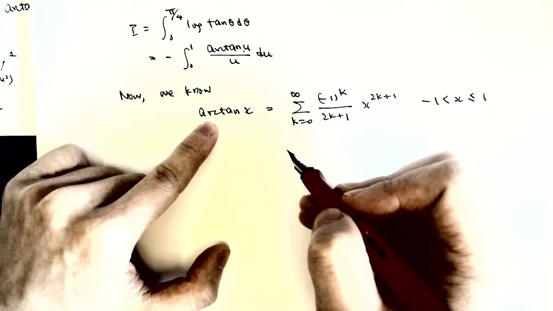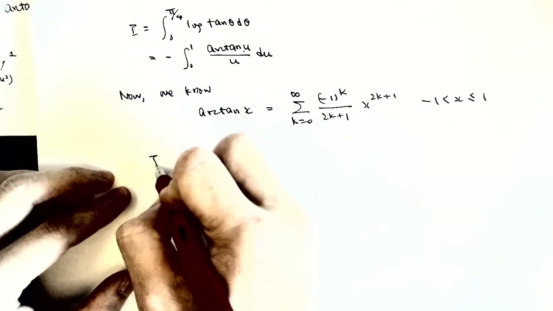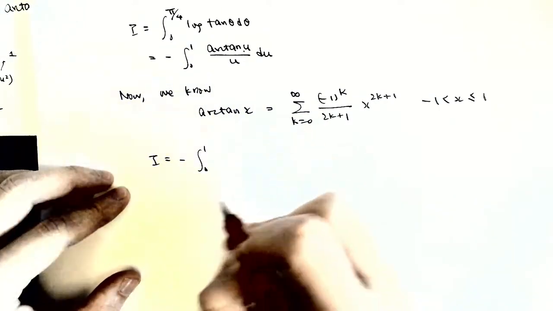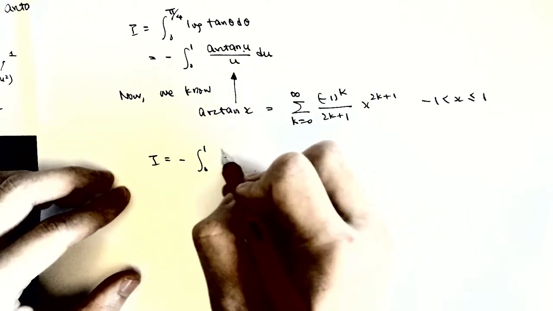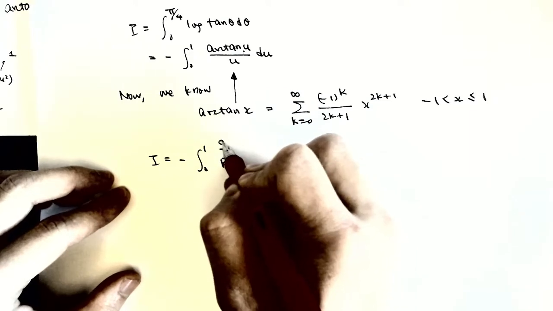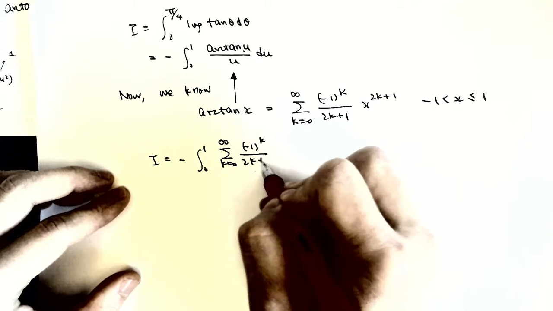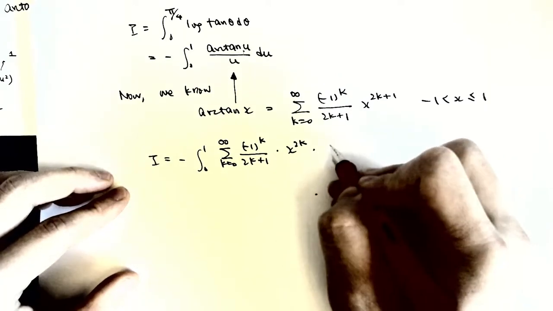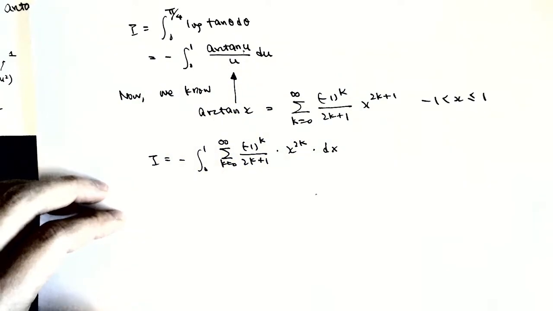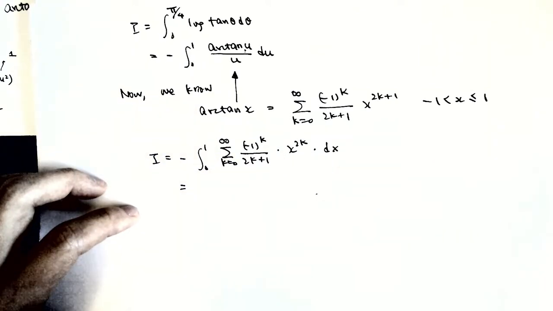Then we make use of this series in this integral. So I will become minus the integral from 0 to 1 of the sum from k equals 0 of minus 1 to the k over 2k plus 1, times x to the power of 2k, dx. Now we can switch the summation sign and the integral sign.